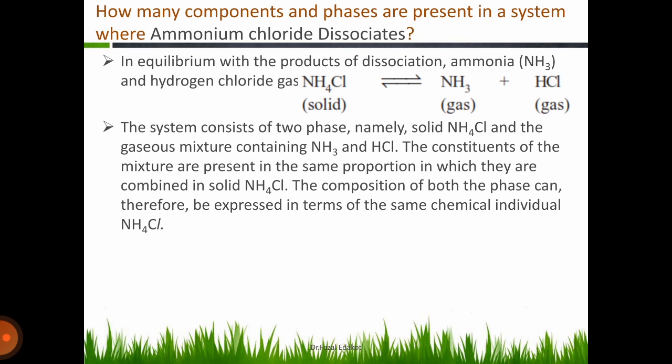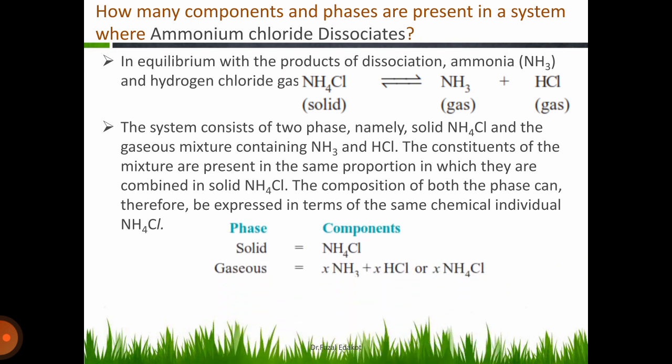The composition of both the phases can therefore be expressed in terms of the same chemical individual, that is NH4Cl. That advantage is not with calcium carbonate. So there are 2 phases, solid and gaseous. Solid you can represent by NH4Cl, and gas also you can represent by NH4Cl.